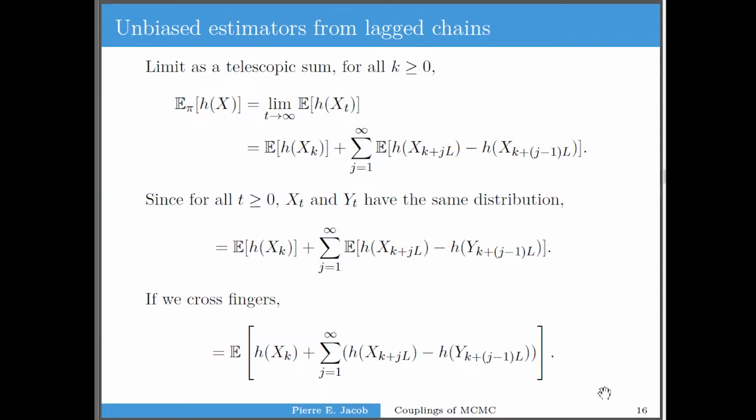And this infinite sum, in fact, can be computed in finite time, because from the meeting time onwards, all those differences between X and Y with the lag are equal to 0. So really, that's the nice thing about this trick, is that you're basically constructing an infinite sum after finitely many steps. You can basically stop computing at the meeting time because you know all the subsequent terms would be equal to 0.